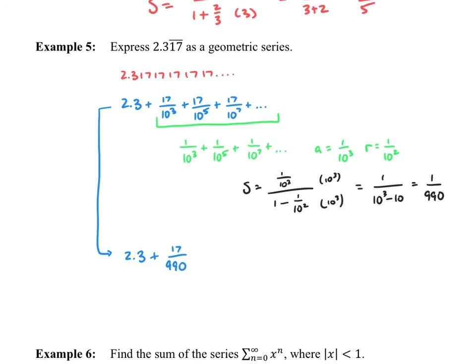If we were to combine these, and I just did this with a calculator because the numbers were so large, you get 1,147 divided by 495. This is actually an error, by the way, in your answers in the back of the section, but this is the fraction representative of the 2.317 repeated, and this is done by using geometric series.